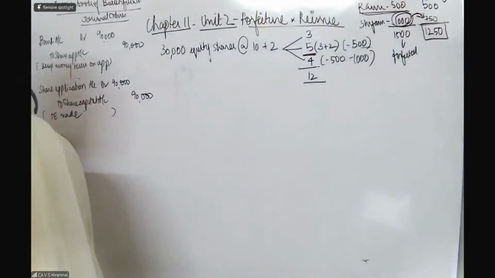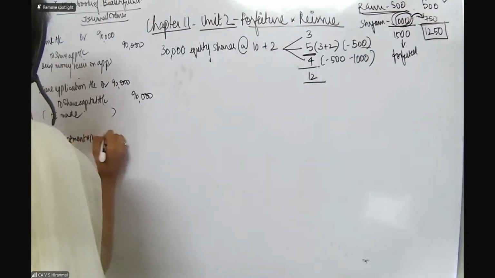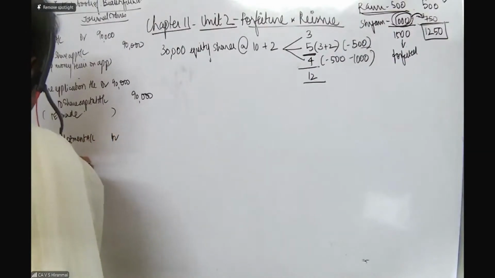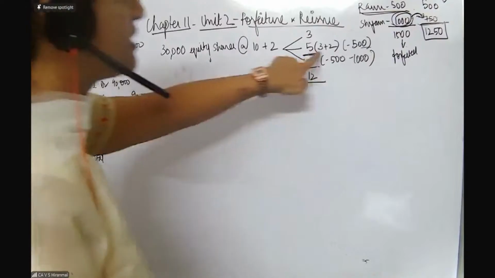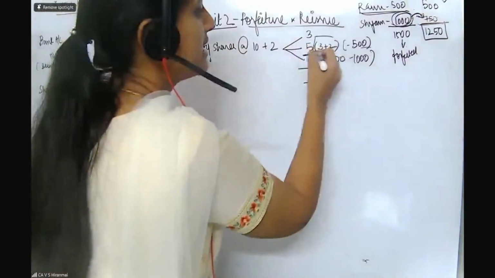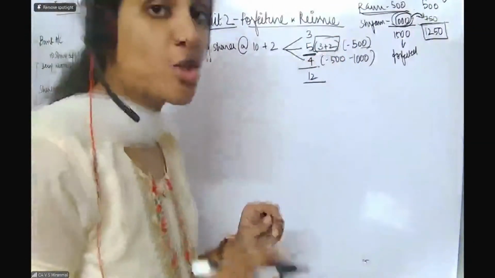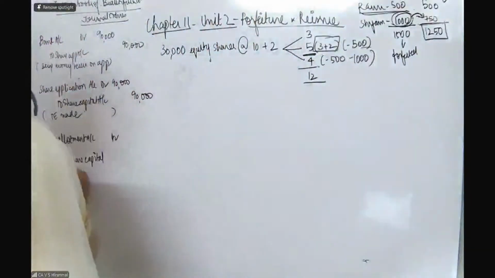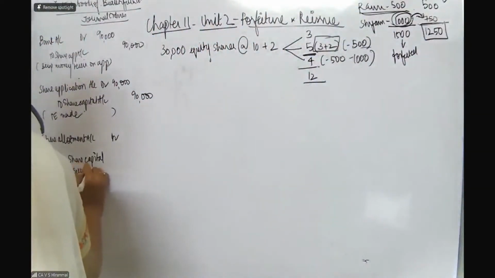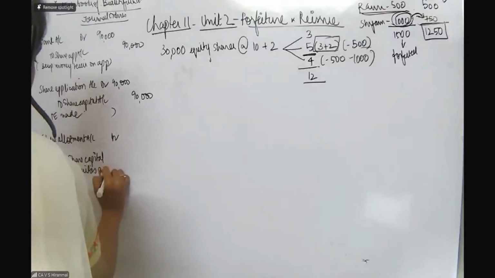First, what entry will we pass? Transfer entry. All of you please see very carefully. It will be share allotment account debit to share capital. This will be the normal entry. But the moment you see the question, you should see there is a premium in the question. So what should we do with the premium? We should take it to the credit side to a separate account called securities premium.